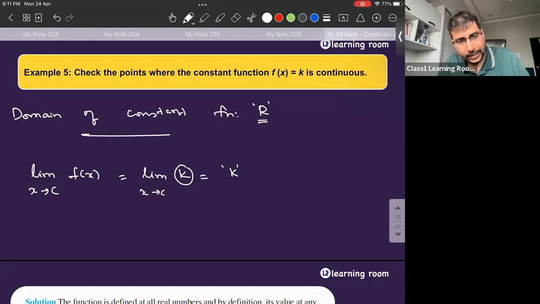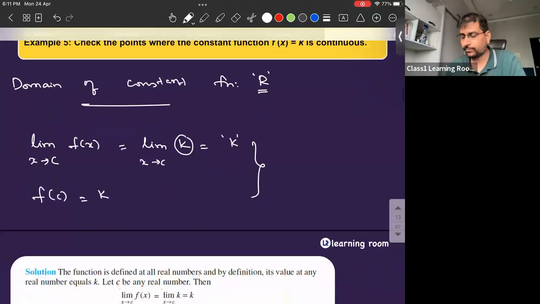So limit x tends to C, f of x is going to be k. F of C is also going to be equal to k. Since the limit exists at every point, what can you conclude? That a constant function is continuous everywhere.